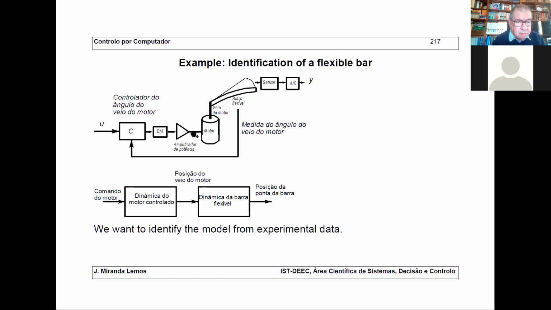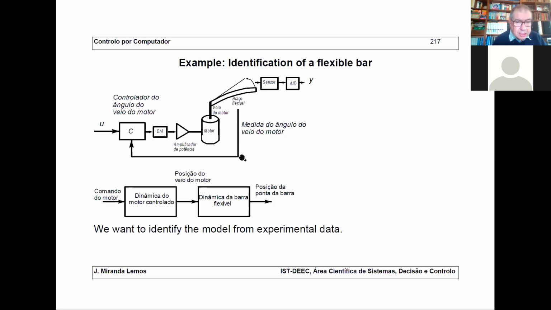This is the dynamics of the motor, an uncontrolled motor, which is one real pole together with another real pole at the origin. The pole at the origin models the integral effect between the tension and the angle, because the motor starts to rotate.